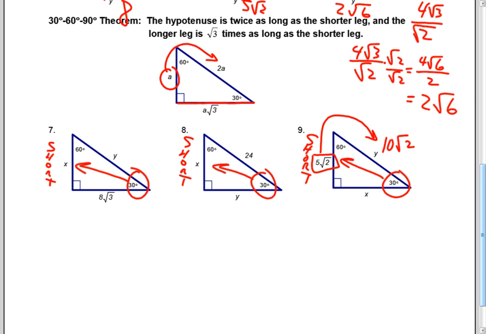According to this pattern up here, all I'm doing is multiplying by a radical 3, no matter what that is. If it happens to already have a radical, doesn't matter. I'm supposed to attach a radical 3. What does that create? 5 radical 6. You get whatever falls out of it. Done. I got both my sides.